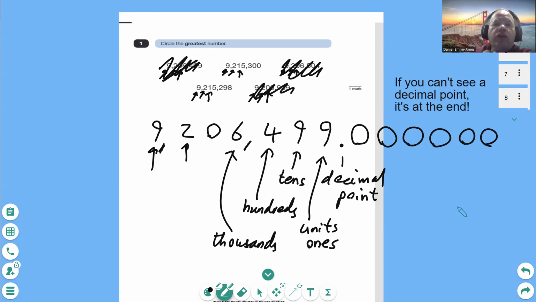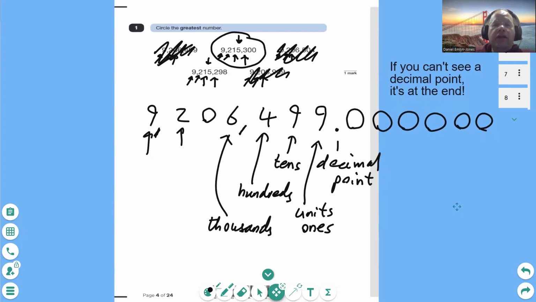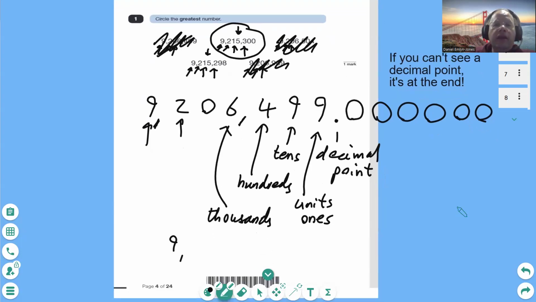They've both got 5 in their thousands column, so that doesn't help either. But then we go to the hundreds column. This one's got 2 in the hundreds column. This one's got 3. So this one's the winner. So the answer is 9,215,300. And actually you'd just circle it, and you wouldn't have all this mess, obviously.